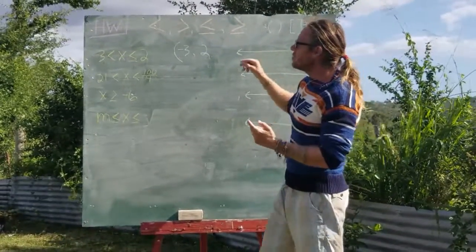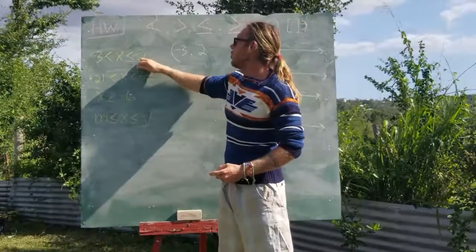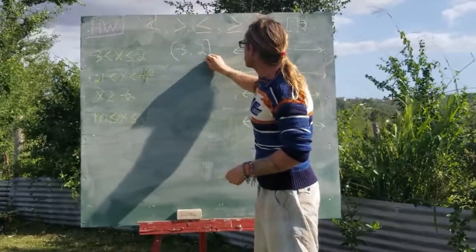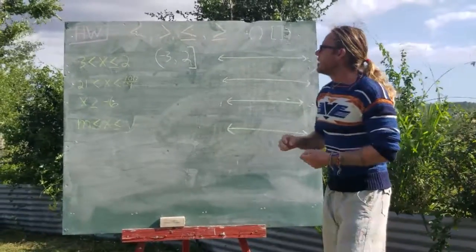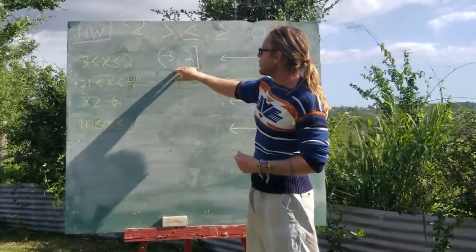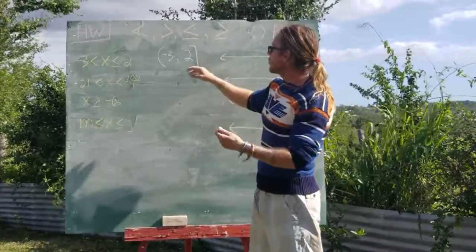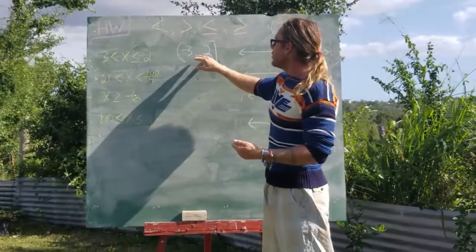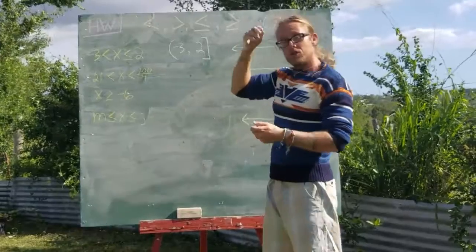Does it include 2? Well, yes. This less than or equal sign says that x can be equal to 2, therefore including 2. So we want to use the bracket around the 2. So here is our interval notation for this inequality. This interval consists of all of the real numbers, all the points on the real number line between negative 3 and 2, not including negative 3, but including 2.